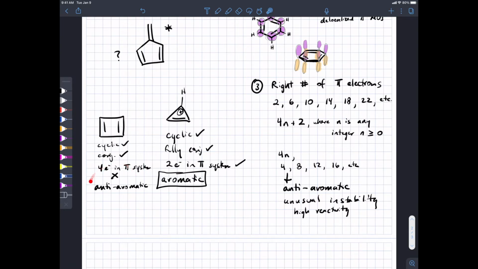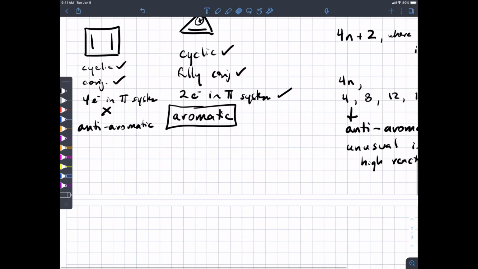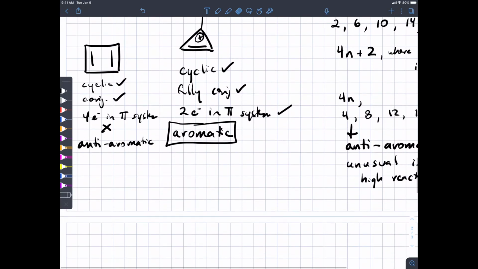But for now, just know that if you have the number of pi electrons from this series, the molecule is highly reactive. In fact, we're going to see later that cyclobutadiene would react almost as a diradical. And I won't write that down because I want to save that for later.